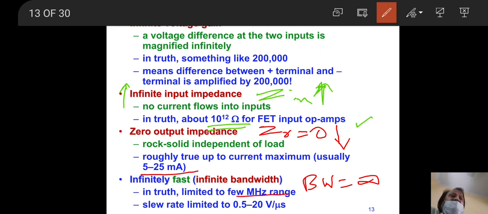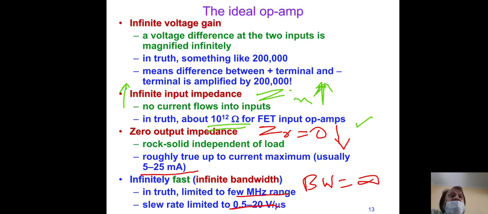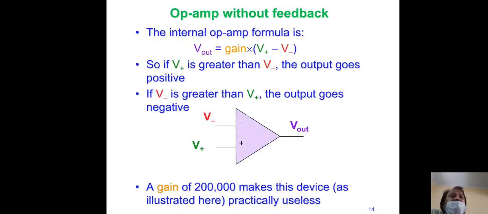The limitation on the input voltage rate is 0.5 to 20 volts per microsecond, which is considered for a general, normal operational amplifier.